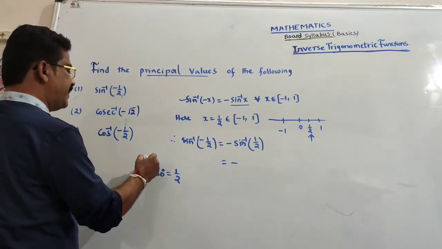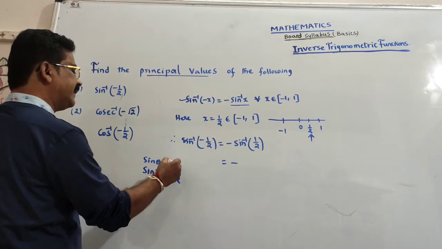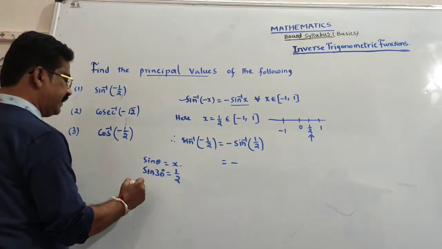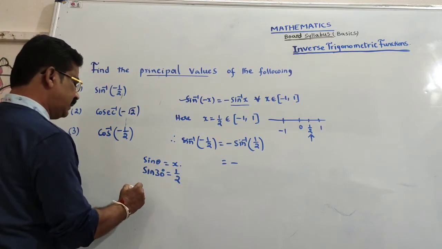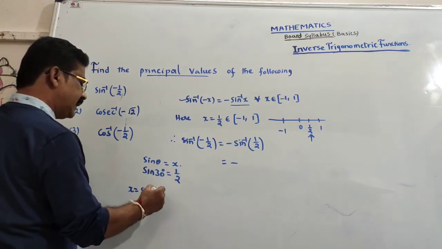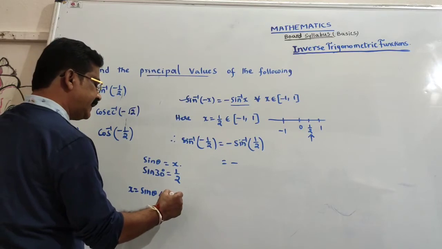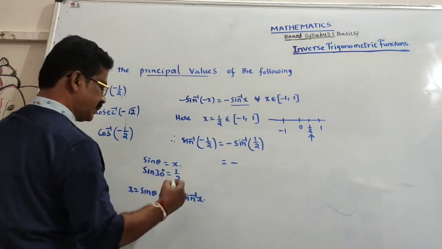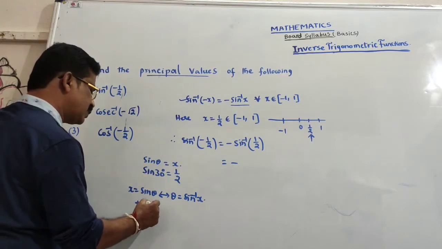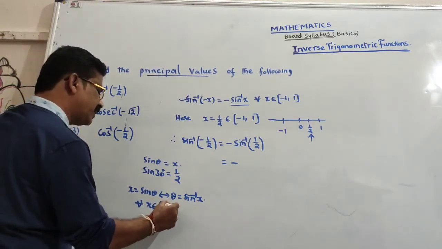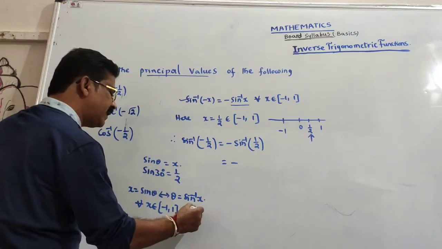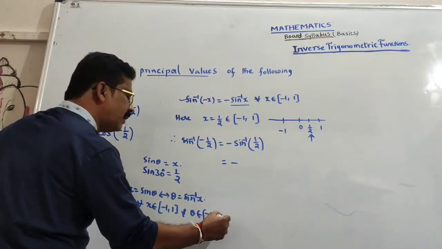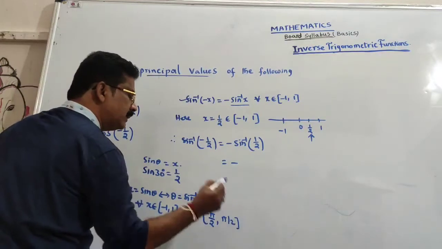So it is in the form of sin theta equal to x. In the definition, we said x equal to sin theta implies theta equal to sin inverse x for all x belongs to closed interval of minus 1 comma plus 1, and theta must belong to closed interval of minus pi by 2 comma plus pi by 2.